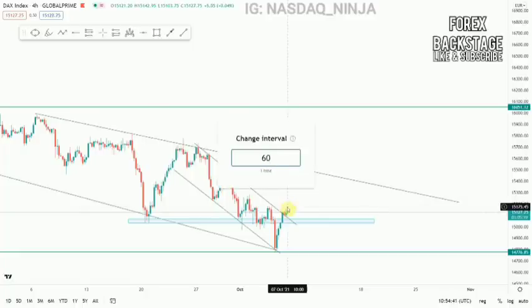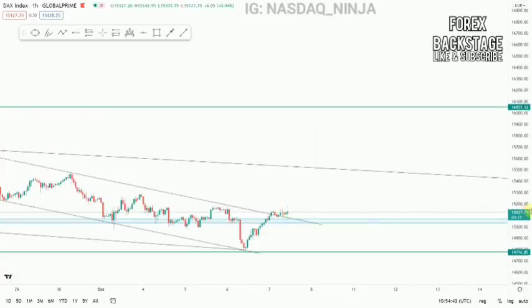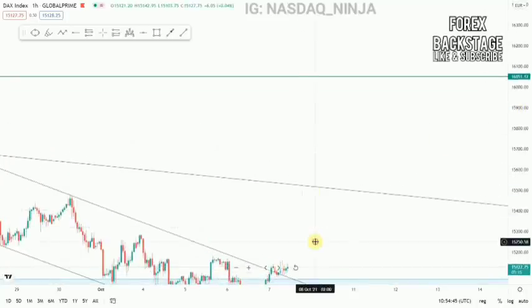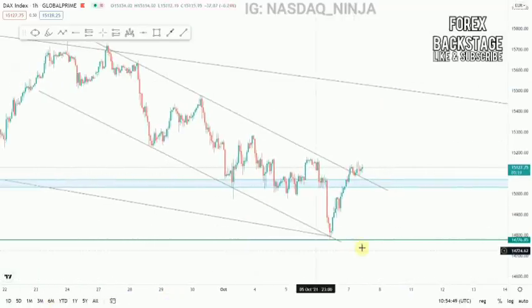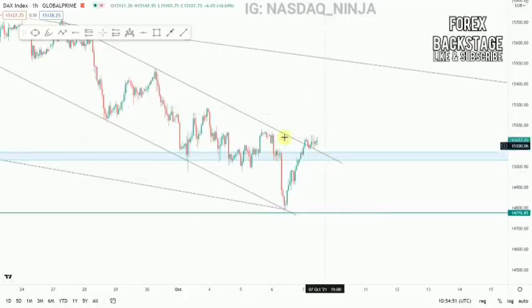So I'm going to go to my 60 minutes time frame, which is H1, and then zoom in the chart. So I can see that here, let me show you. Here I have a type of a correction. You understand?